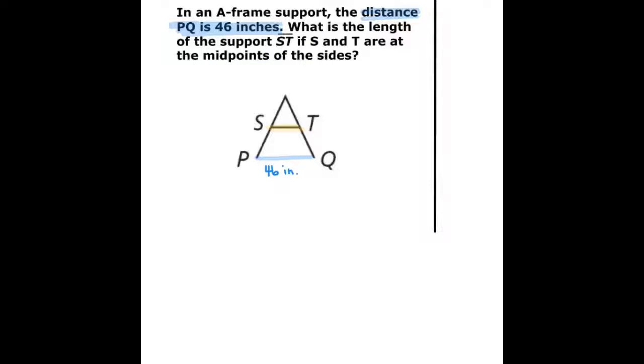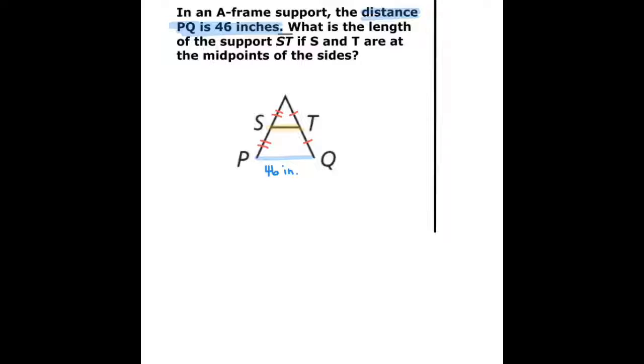So there's another piece of information that we haven't been given, and that is that the midpoint of this side and the midpoint of this side are congruent to one another, because point S is the midpoint of that particular side, and point T is the midpoint of that particular side.